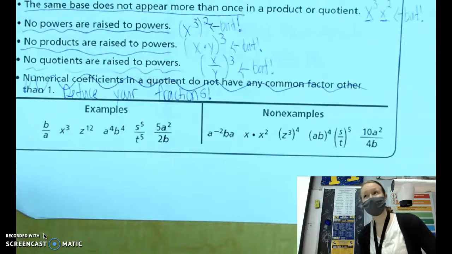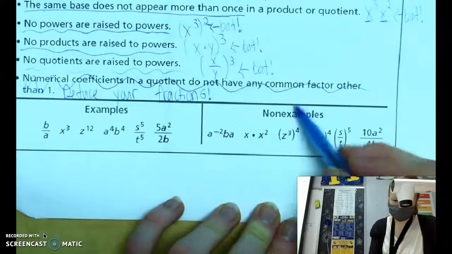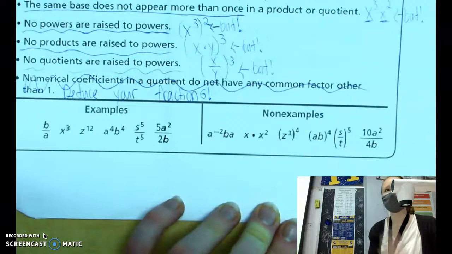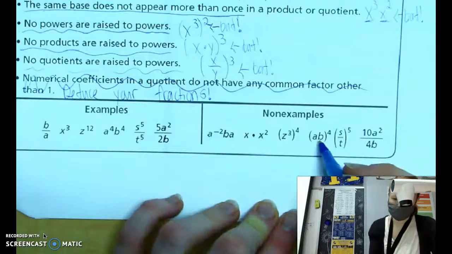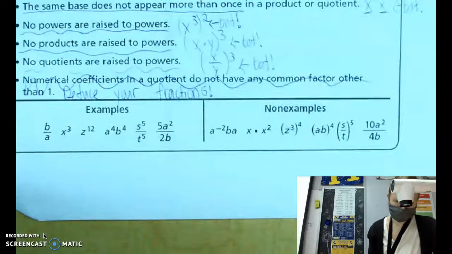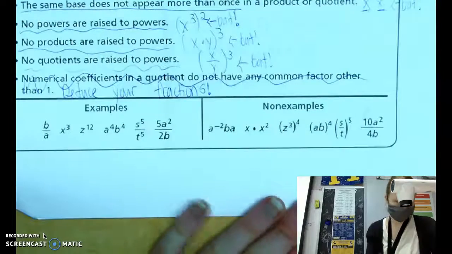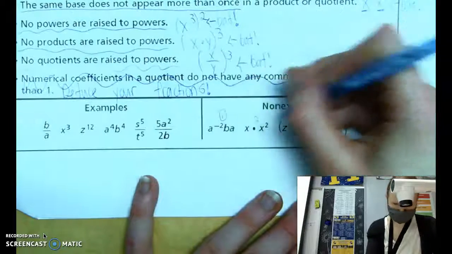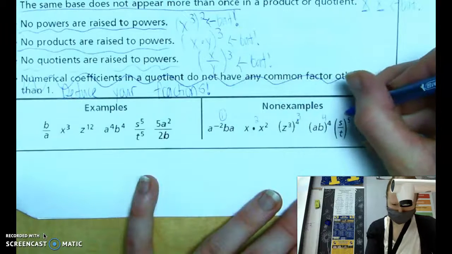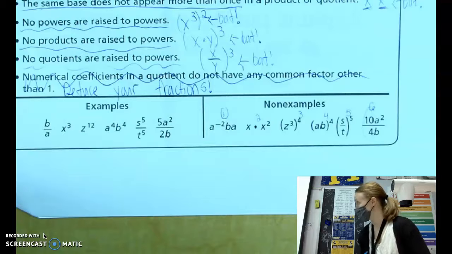Here I have 2 of the same base. That's bad. Power of a power. Can't have an exponent to another exponent. That's bad. Here's that product, that quotient. And then here, once again, reduce your fraction. So this is like the first one, the second, the third, the fourth, the fifth, the sixth. That's a non-example of all 6. All 6 of those non-examples are not simplified.